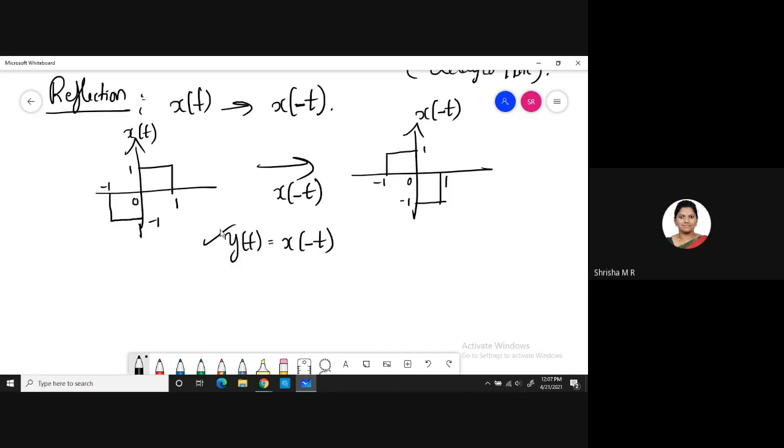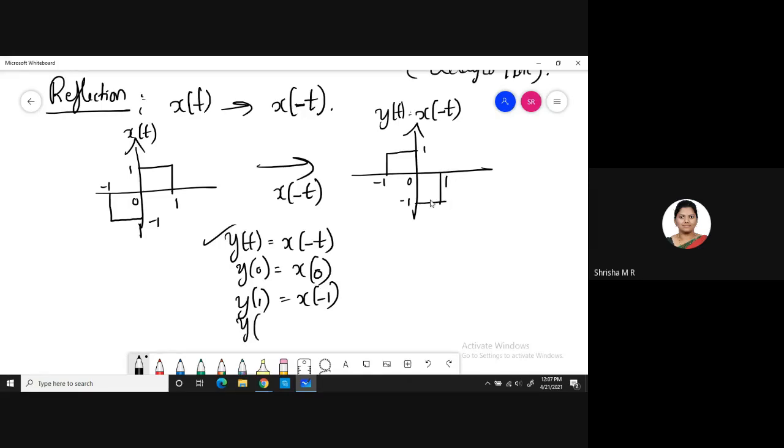So y of 0 would be x of 0. y of 1 would be x of minus 1, at instant 1. So at instant t equal to 1, you will have the amplitude which is at -1.